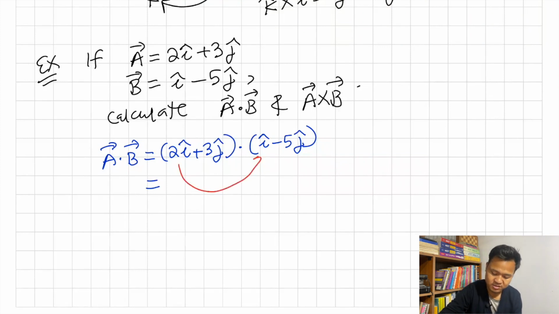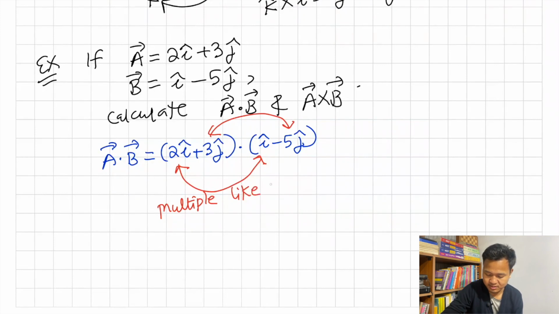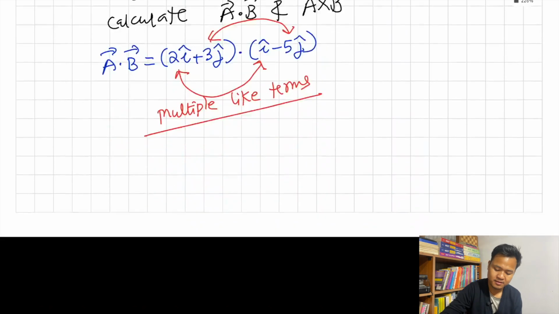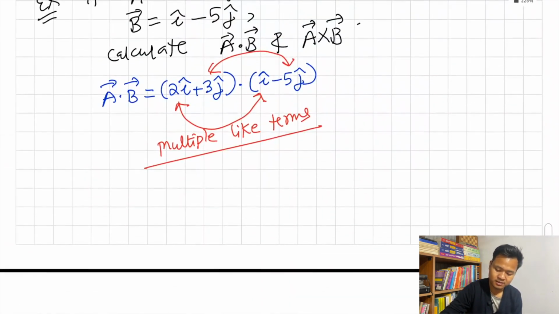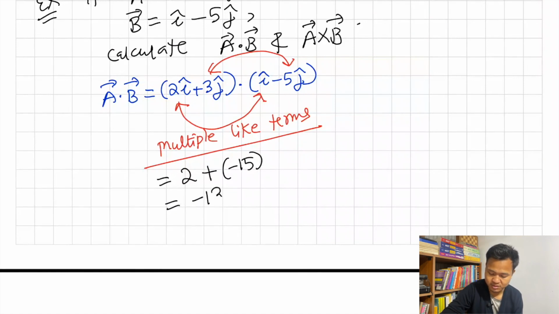So simply multiply the like terms. 2 into 1 is 2, plus 3 into minus 5 is minus 15. So this will be minus 13. That is your dot product answer.